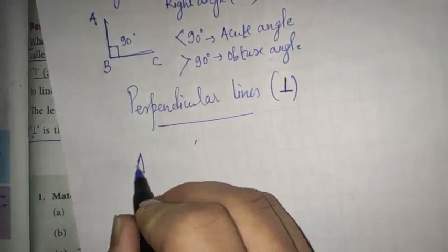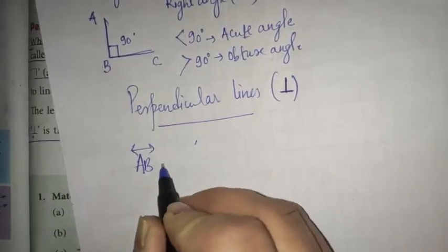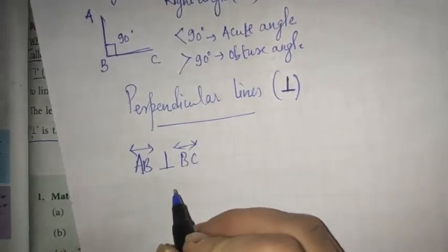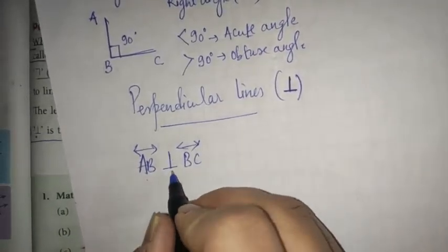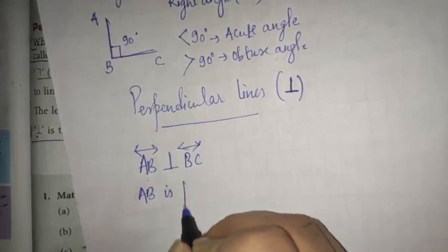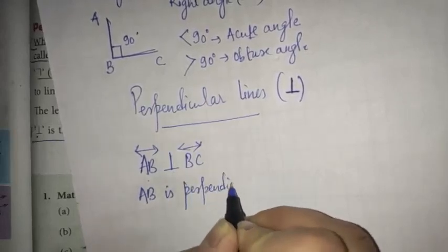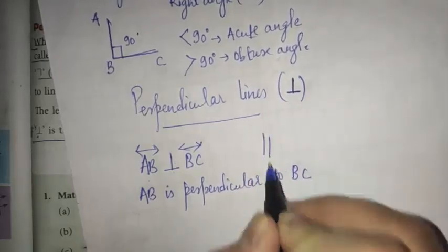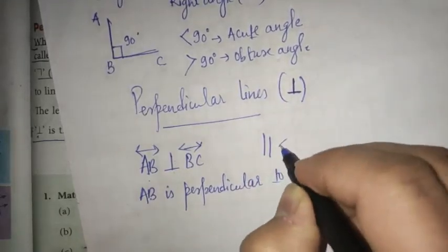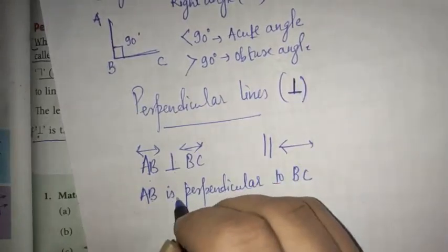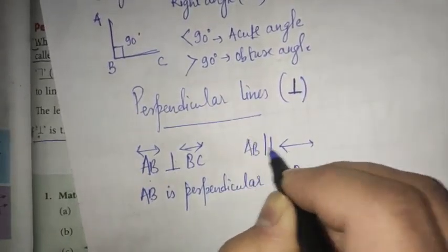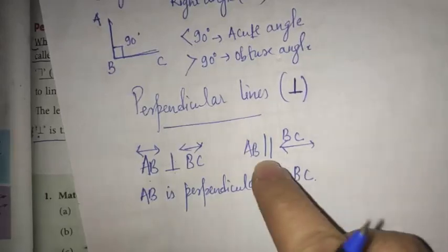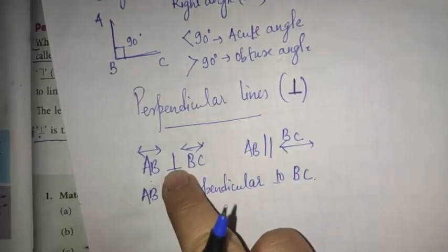So if I have to write this and you get it like this, how will you pronounce it? You'll say that AB is perpendicular to BC. If you have this symbol, then you'll say AB is parallel to BC. You will say like this. If you have this symbol, parallel. If you have this symbol, it is perpendicular.